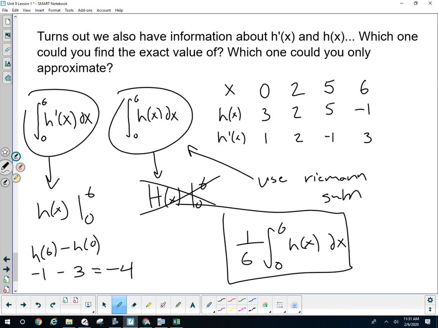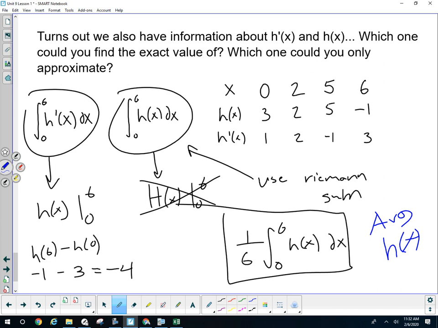Is it the average rate of change of H? This is just the average H. 1 over b minus a, integral from a to b of whatever you're trying to find the average of. That's average. Now, you're going to have to do the work to approximate this.